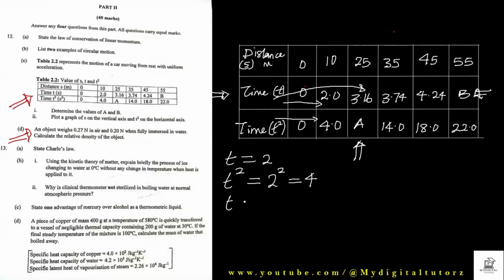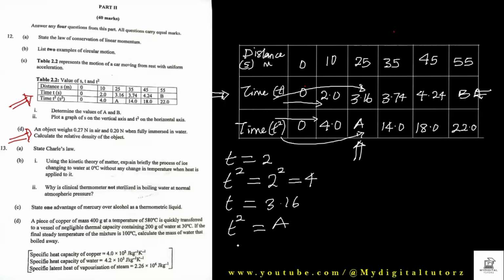So the same thing you do in this one. When t is equal to 3.16, what is t squared? The corresponding value of t squared here is A. So you put A. Anywhere you see t, you just put 3.16.